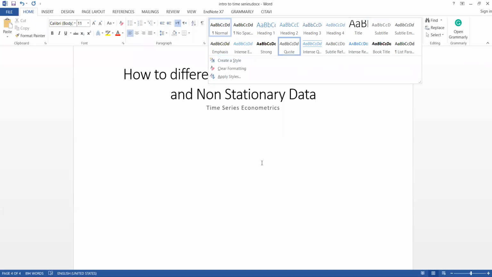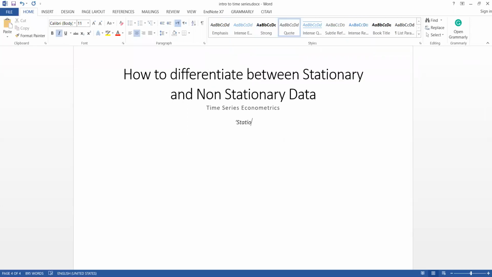So let me add. Stationary variables usually have a constant statistical distribution.